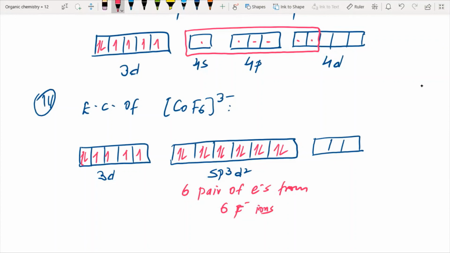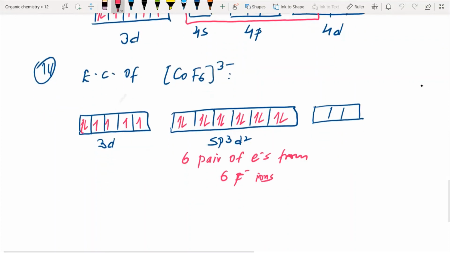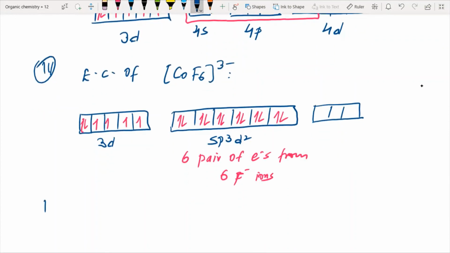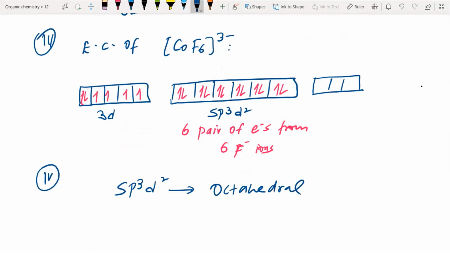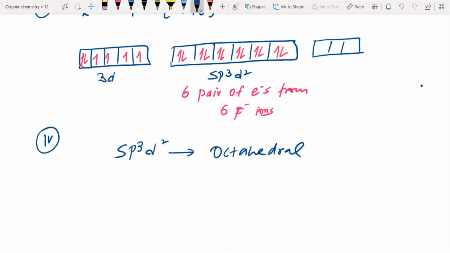Now what about the geometry here? Number 4: as the hybridization which we got is sp3d2, that suggests octahedral geometry. And this complex is paramagnetic, as unpaired electrons are available.